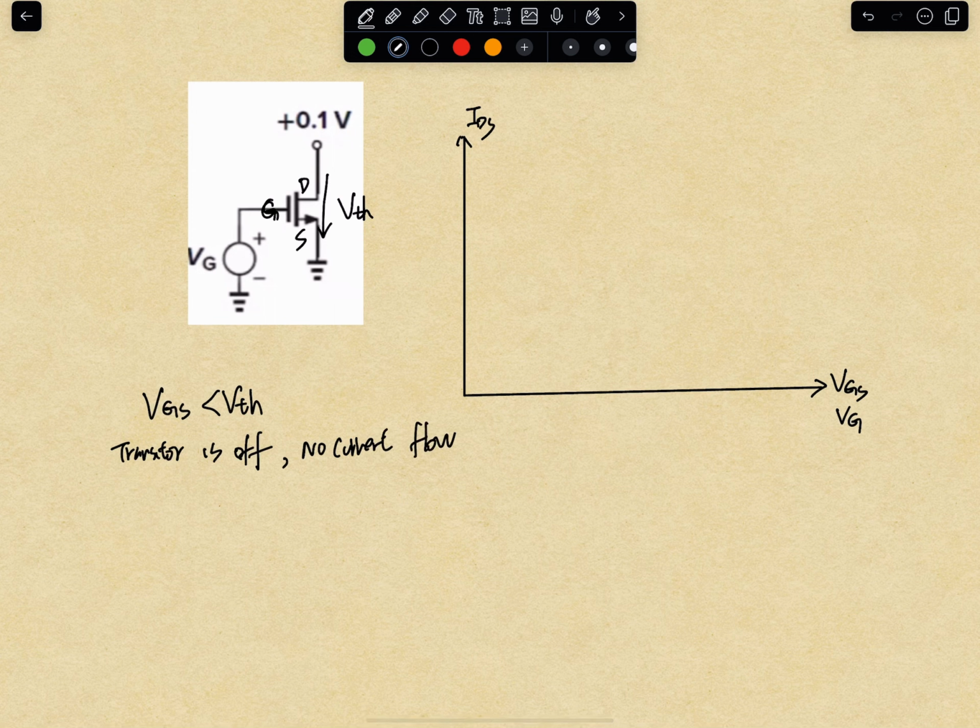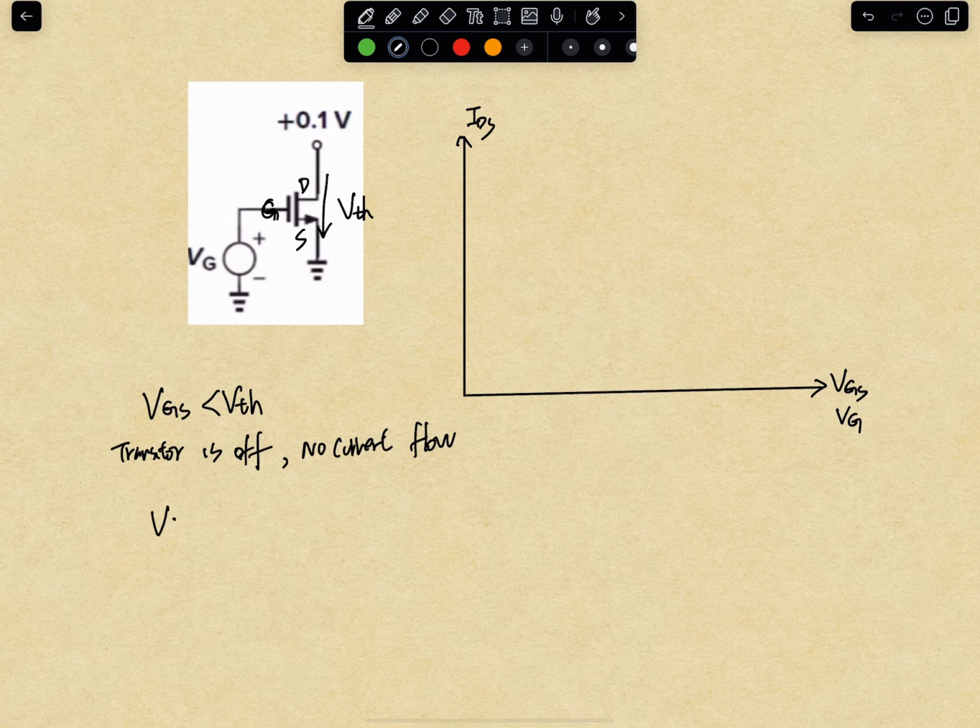Actually, take it back. There is some leakage current, and if you switch IDS to log scale, you will see there's actually quite some current flow. But in this case, we can consider it off, as there will be very little, minimum current. We can consider no current flow.